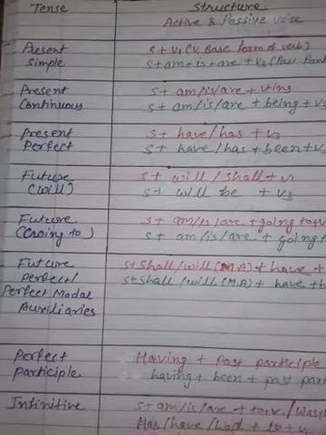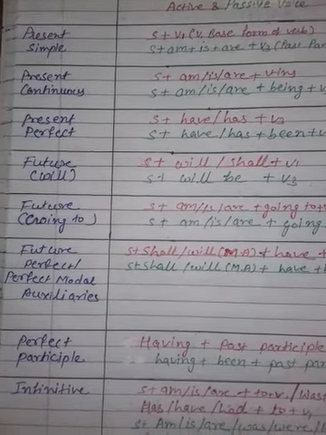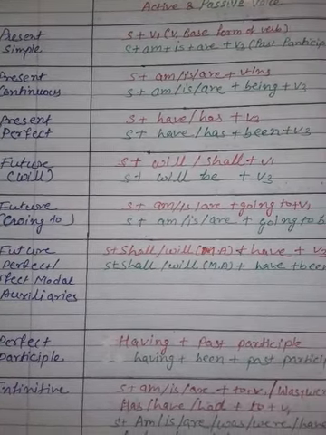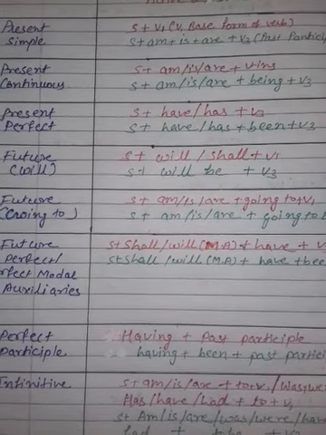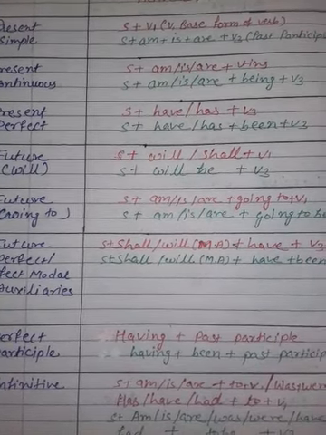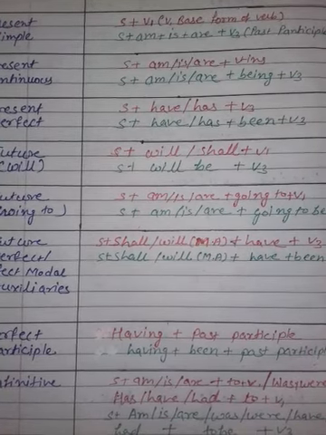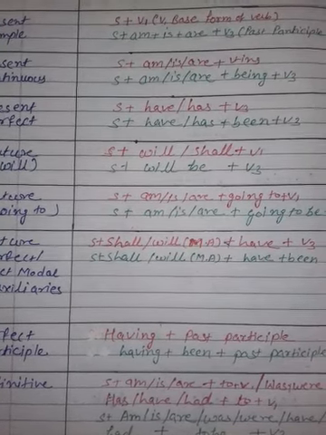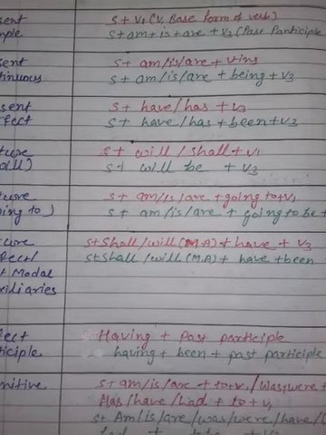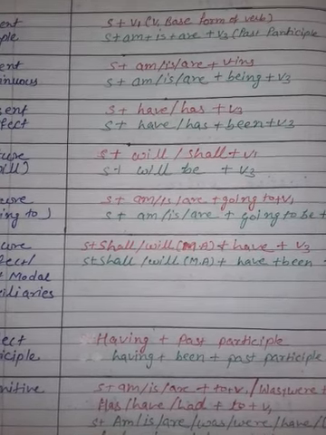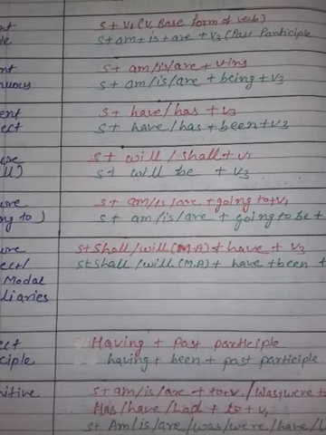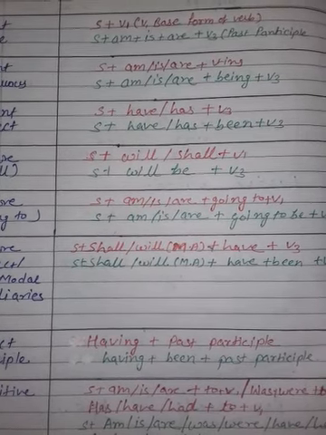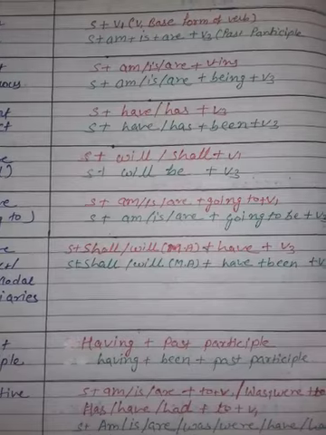Here also the present continuous tense structure and examples are given. Present continuous tense structure is subject plus am, is, are plus the fourth form of verb plus object. But when we change into passive voice, we add being before the third form of verb: subject plus am, is, are plus being, third form of verb plus by plus object.